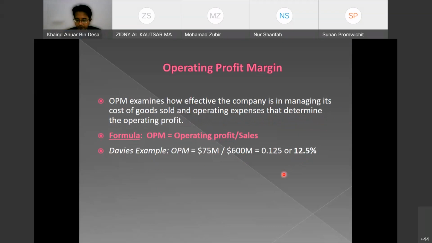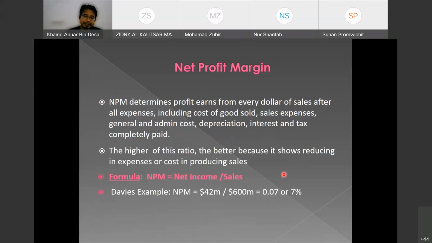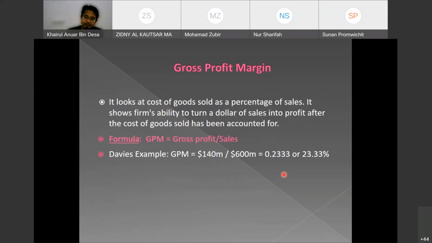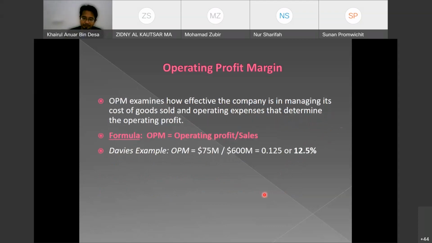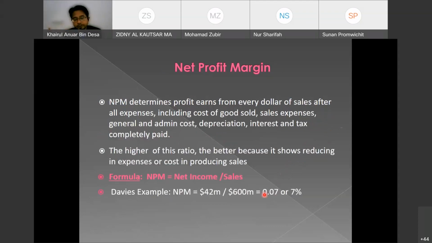Operating profit, tengok ni dulu. Net profit. Tadi gross profit, now net profit, untung bersih. From 23.3%, when we calculate net profit, net income over sales, only 7% left.